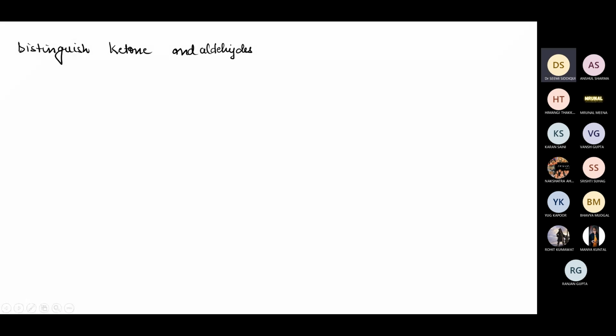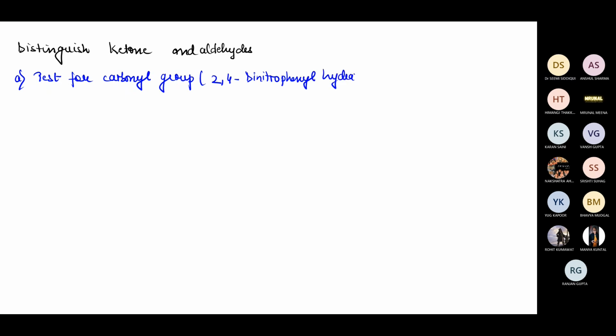Now look, when we want to distinguish aldehydes and ketones, the first test is the test for the carbonyl group, that is the 2,4-dinitrophenylhydrazine test. I hope everyone remembers that we have done this test.